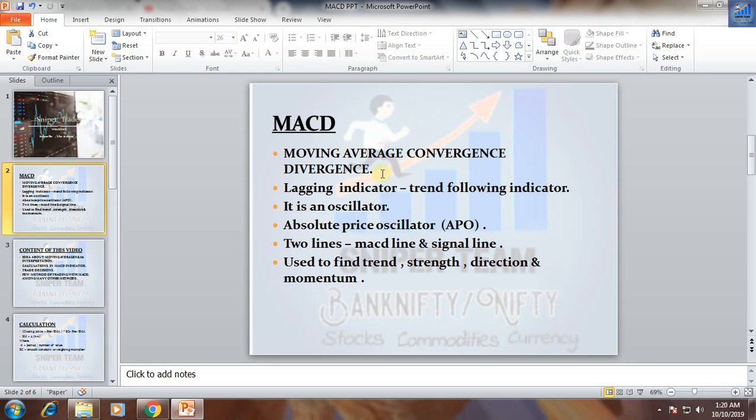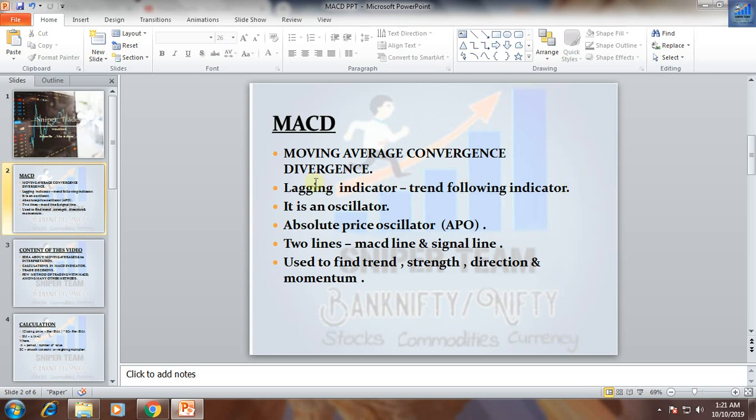Speaking about this indicator, it is an oscillator and a lagging indicator, which means that it is a trend following indicator. It will show us the buy or sell signal only after the price has moved in a particular direction or set a new trend.